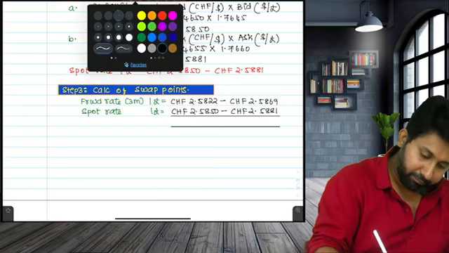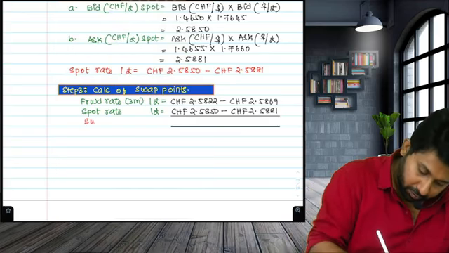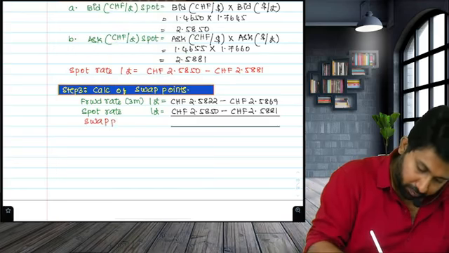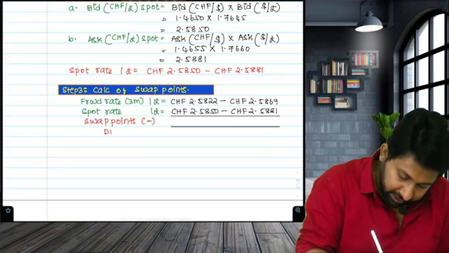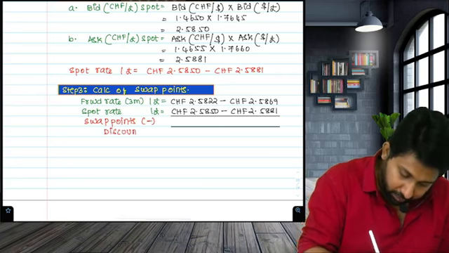Let us see now. Swap points: forward is lesser than spot, so there is a discount, not a premium.